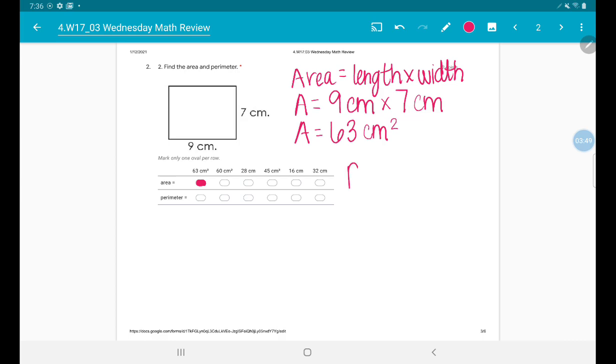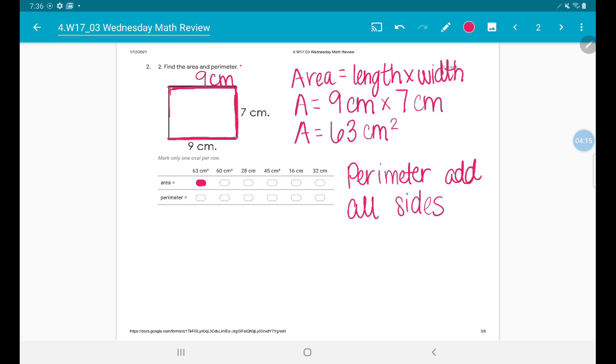To find perimeter, I'm going to add all the sides. So if this side is 9 centimeters, I know the opposite side is also going to be 9 centimeters. And if this side is 7 centimeters, then this one's going to be 7 centimeters as well.